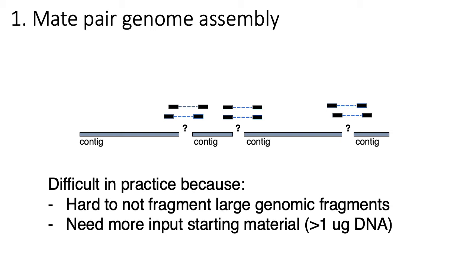Mate pair based genome assembly is actually difficult in practice because it's really only valuable when you do mate pair sequencing on large DNA fragments. If you're doing mate pair sequencing on short fragments, then you're only able to connect contigs that are very close to each other, and those are more likely to be joined anyway.